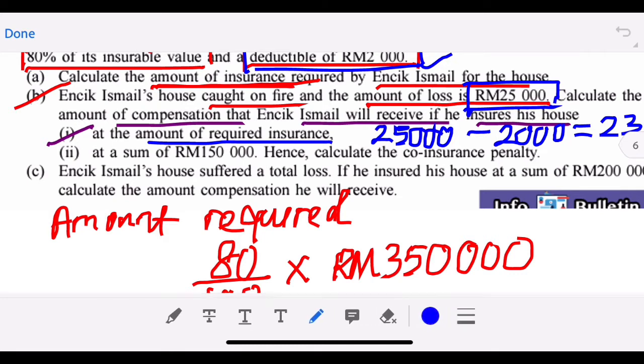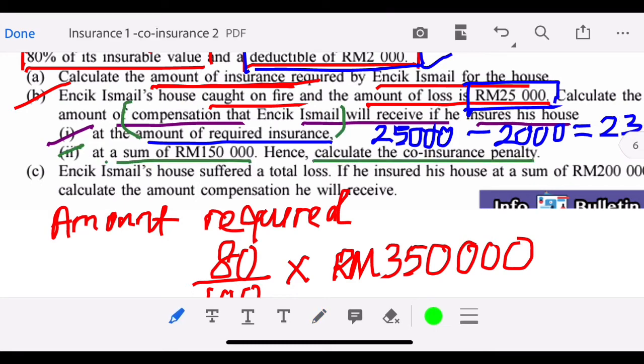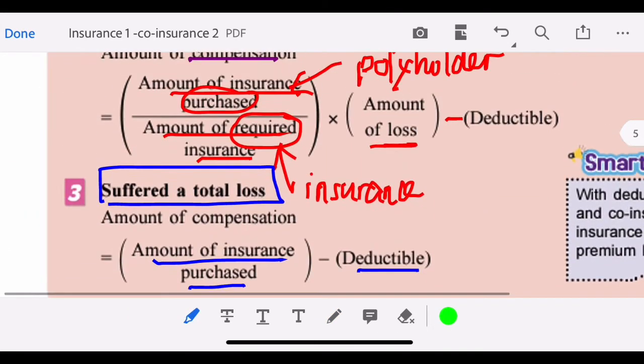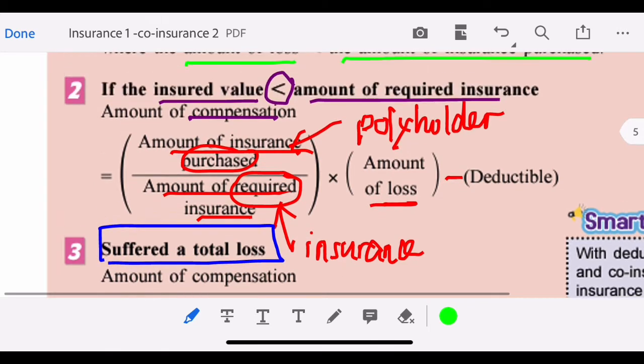Okay, now how about number two? Let's focus on number two. The compensation that Inje Ismail will receive if he insures his house at a sum of 150,000. Calculate the co-insurance penalty.